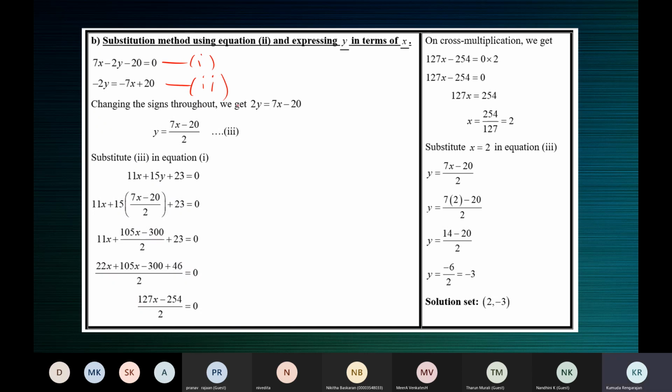I've taken up the second equation and written y in terms of x. That is, you express it as y is equal to something in x. When you write x in terms of y, that means x is equal to something in y. When you write y is equal to like this, you're writing y in terms of x.